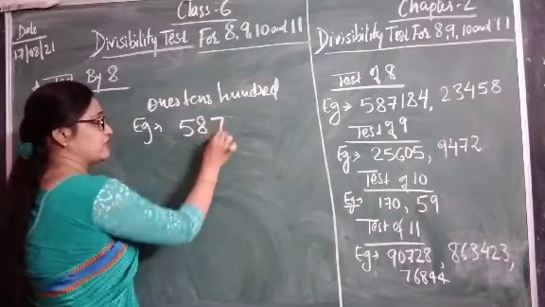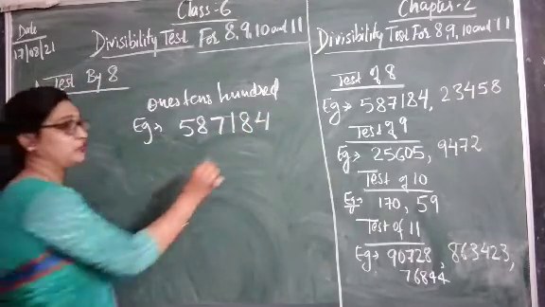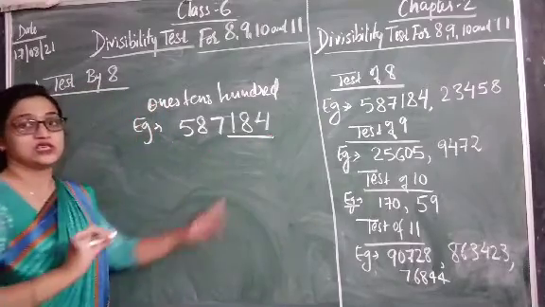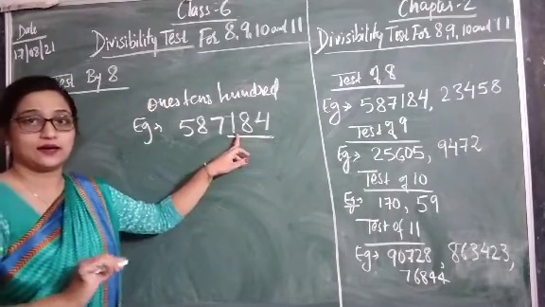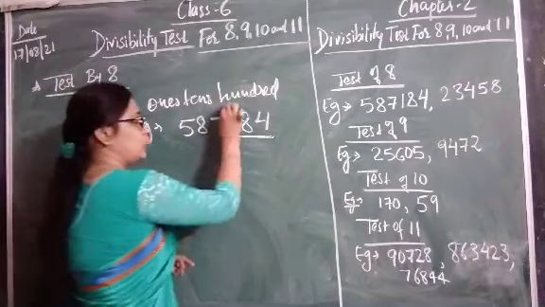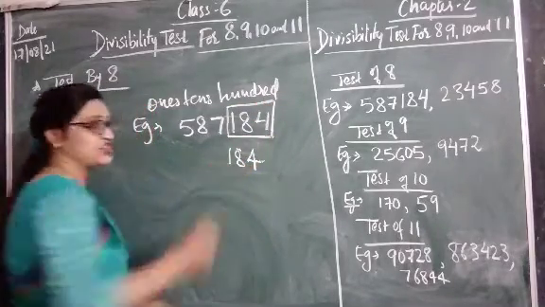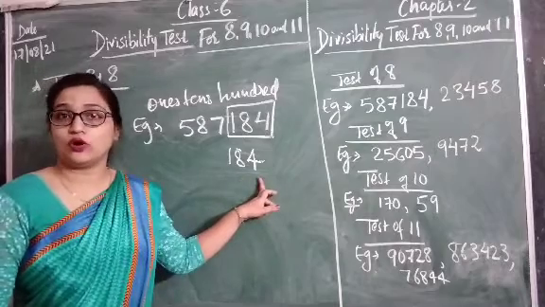587184. Okay, you have to observe only the number which is formed by ones, tens and hundred place, that is 184 here. And check this 184 is divisible by 8 or not.